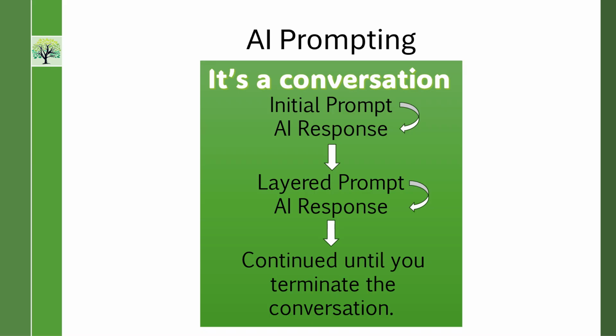And then you continue adding. Now, the free accounts will oftentimes limit how many layered prompts you can put in. Three is a pretty common number I've run across with some of them. So in other words, I can layer two or three or four times, and then it's going to say, can't do it anymore. It doesn't offer me any more prompts because I didn't pay for the premium versions.